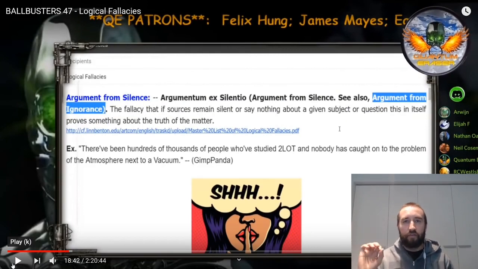I'm going to stop here. This isn't actually important about the argument itself, but noticing that argument from silence is pretty similar to argument from ignorance is extremely easy. So Quantum Razor seems to be very impressed with himself that he could make this connection, which to me suggests that his knowledge is extremely low, because he's happy that he was able to make this connection.